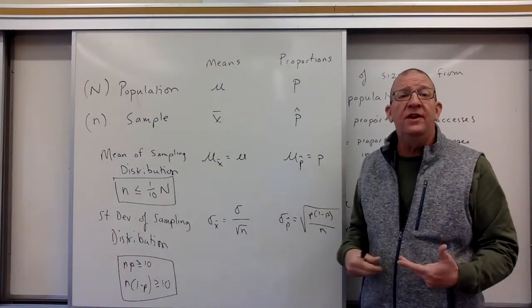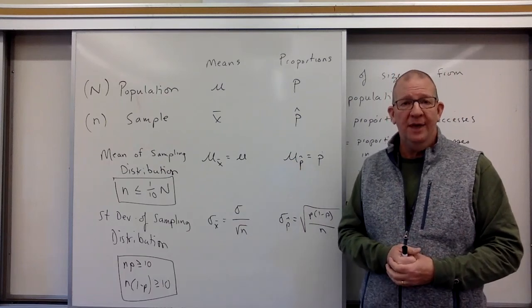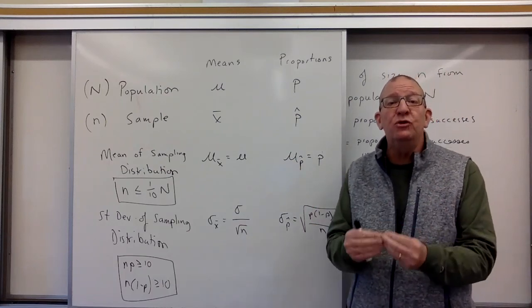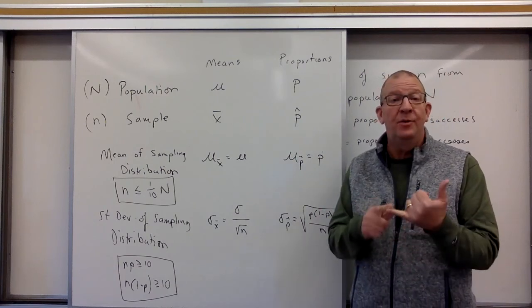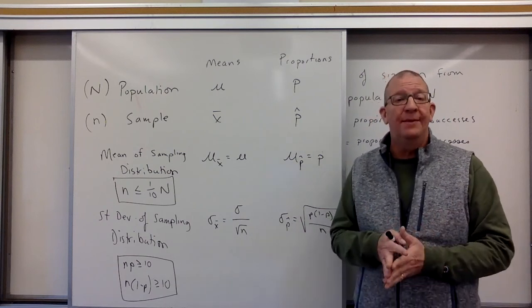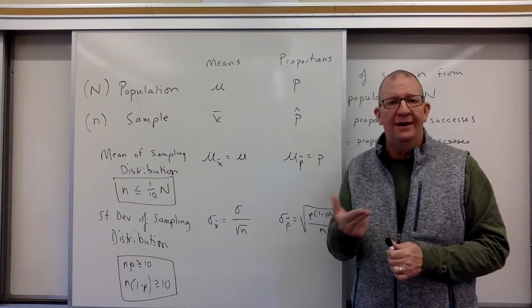And then in our next video, we'll work through some sample problems. So this is the idea behind the sampling distribution of the sample mean and the sampling distribution of the sample proportion. Keep saying that over and over again.